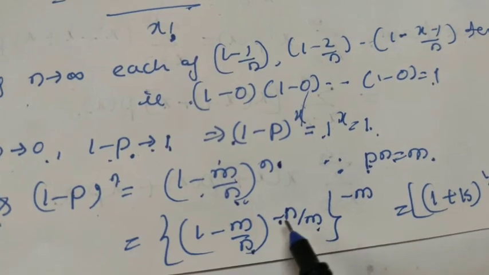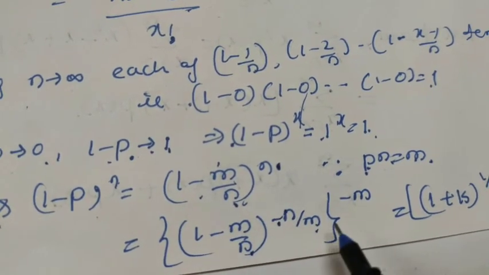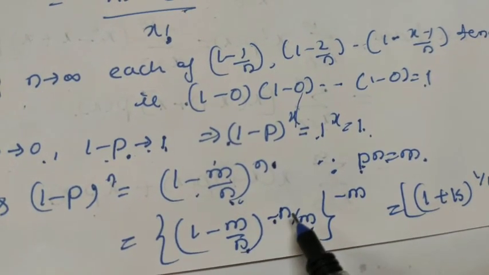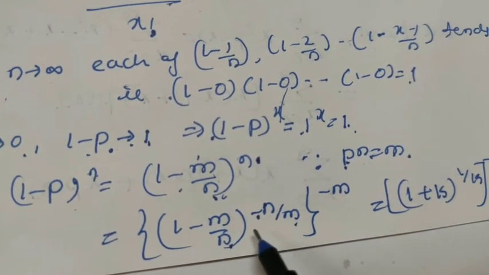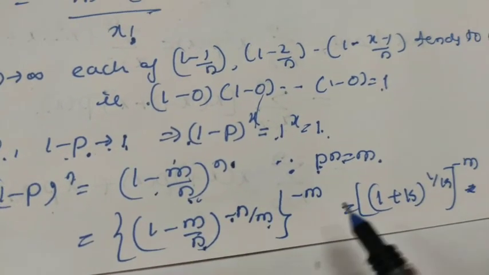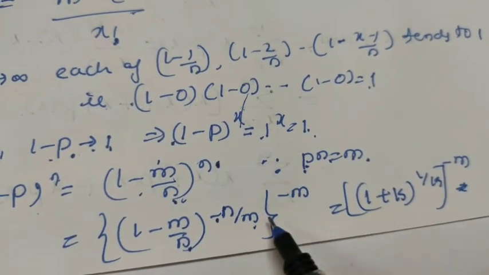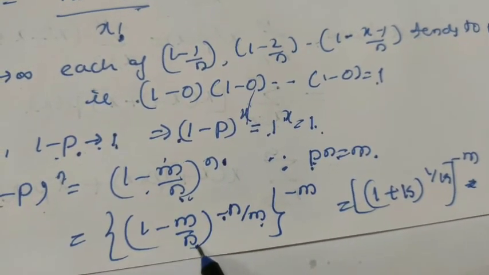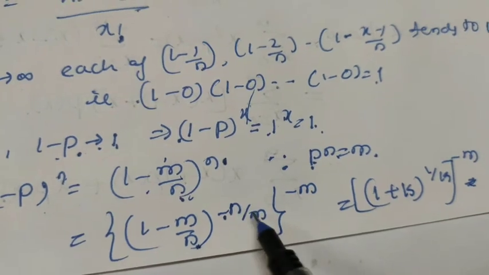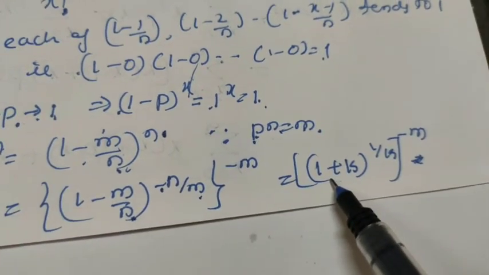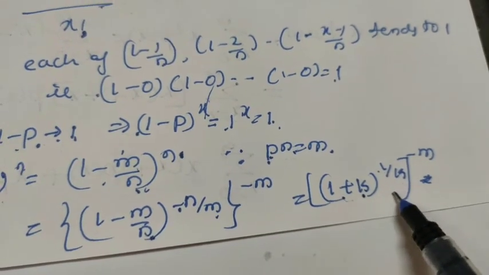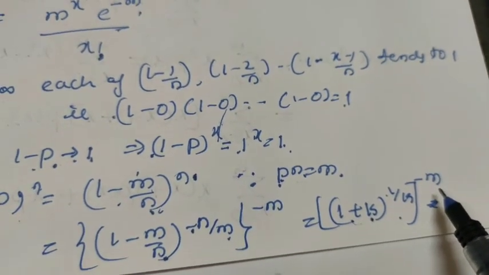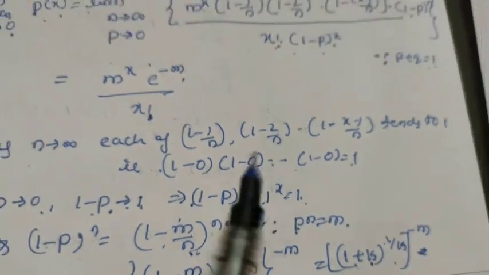After simplification, the m gets cancelled, and minus n by m whole raised to minus m gives plus n. So now it is in the form of 1 plus k whole raised to the reciprocal, that is n by m in the power. So it is in the form of 1 plus k whole to the power of 1 by k, and whole raised to minus this m as it is.